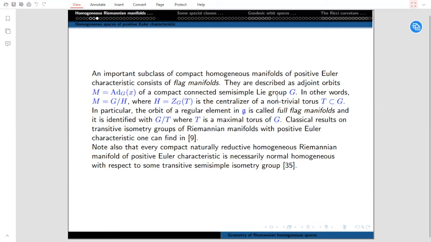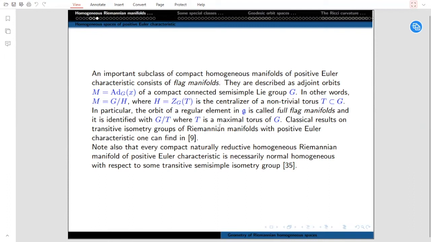In other words, we have M = G/H, where H is the centralizer of a non-trivial torus T in the group G. In particular, the orbit of a regular element of G is called a full flag manifold and is identified with G/T, where T is a maximal torus of G.